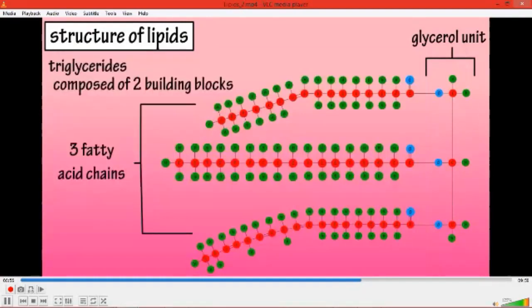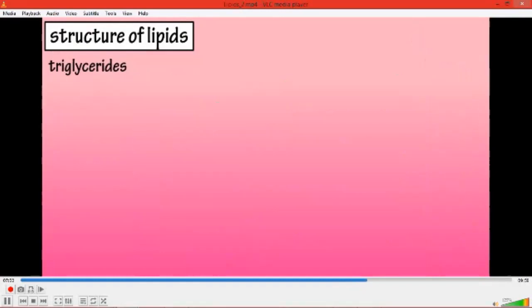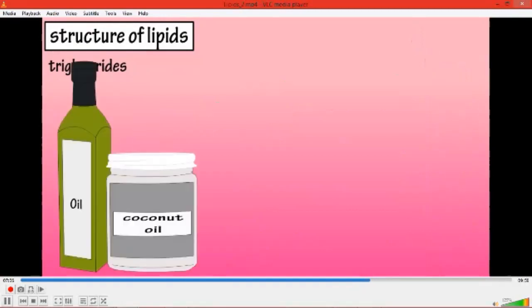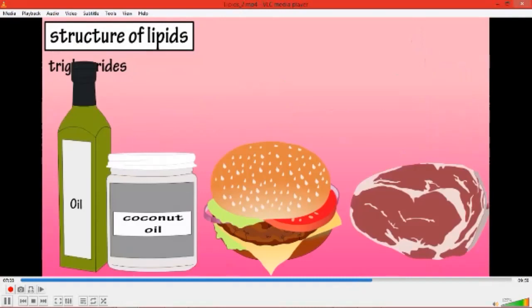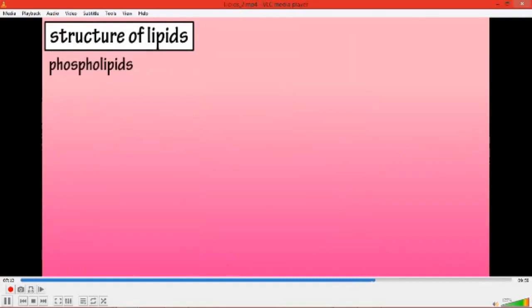Some triglycerides contain 3 molecules of the same type of fatty acid, and others may have 3 different types of fatty acids. Triglycerides are found in many food items, such as vegetable oils, coconut oil, beef, fast foods, avocados, and many different seeds.